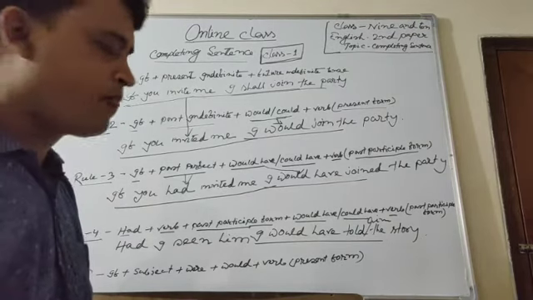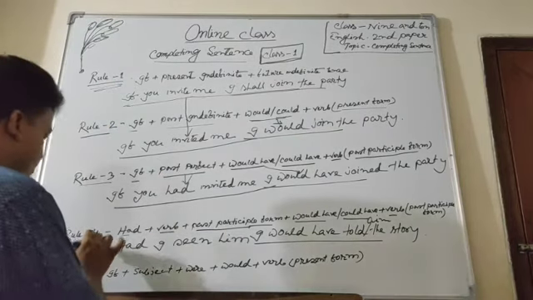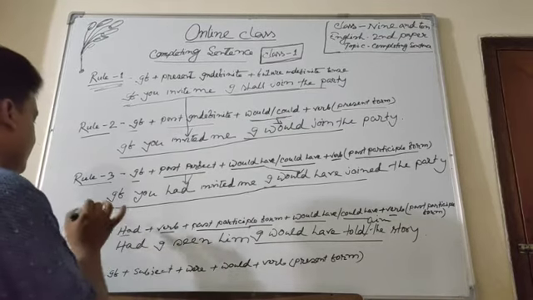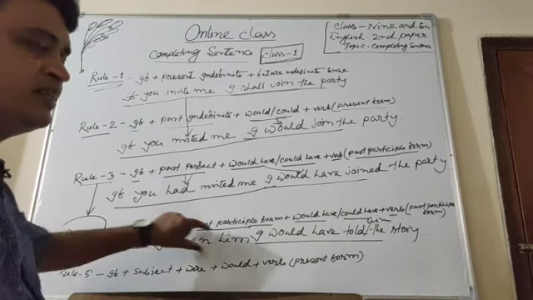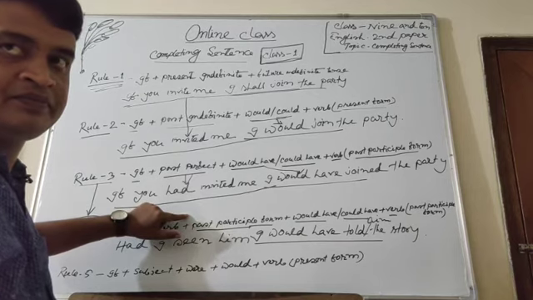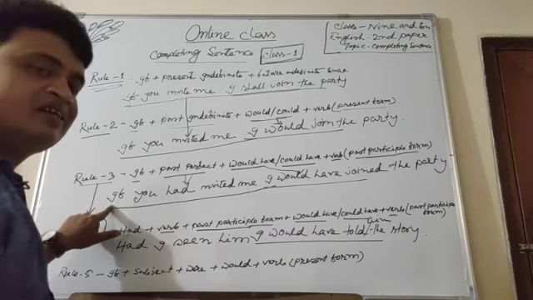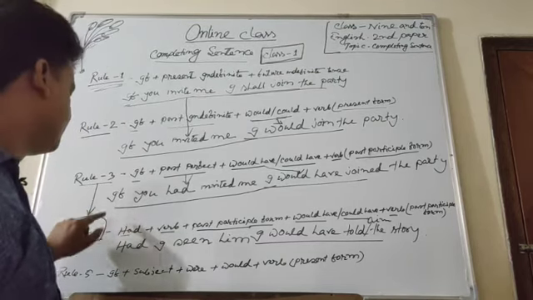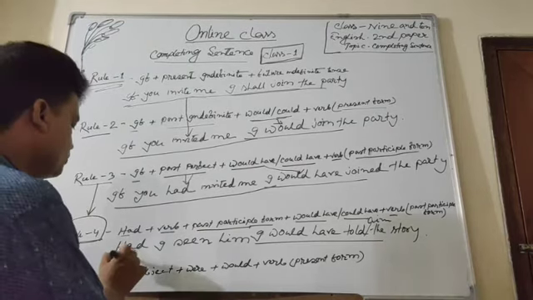Try to think. There are similarities between the structure of rule number 4 and rule number 3. There are similarities between the two structures. The difference is only that this structure has started with if and this structure has started with had.